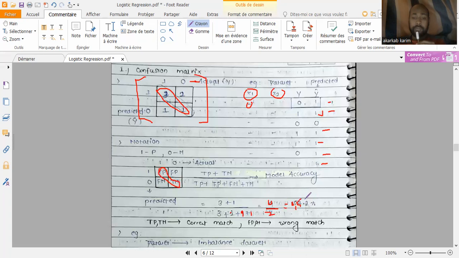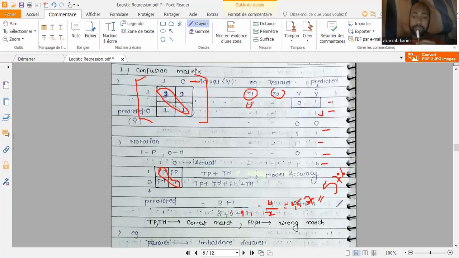4 divided by 7 is equal to 0.57. I'm sorry again that my writing is not clear, but I try to do my best here. So equal to 75%. Okay, so the accuracy of my model is 75%.